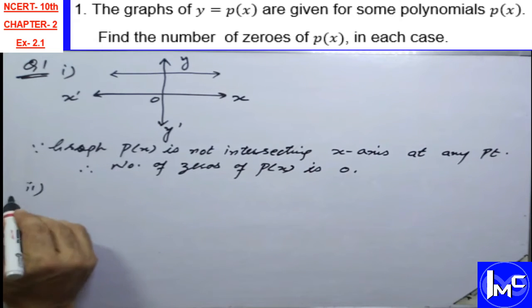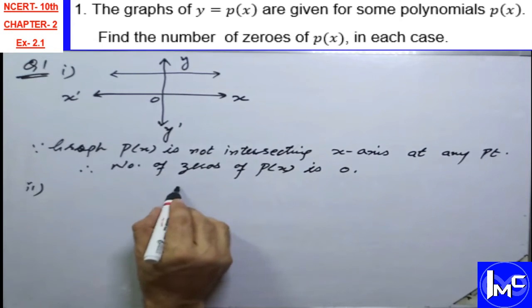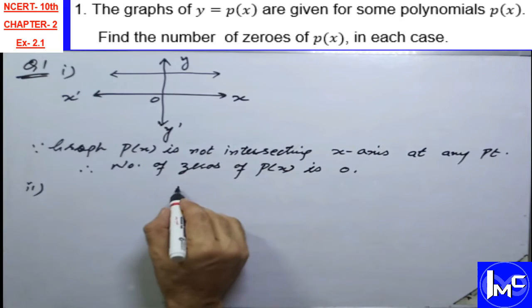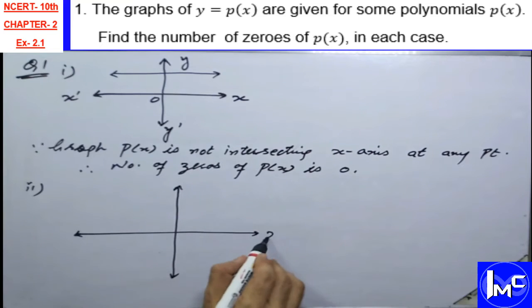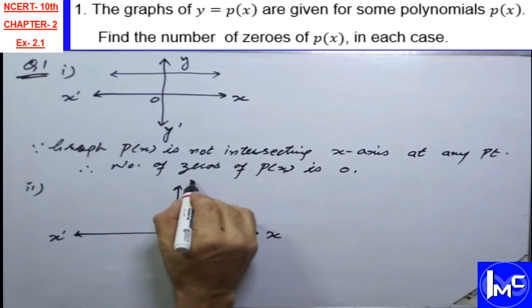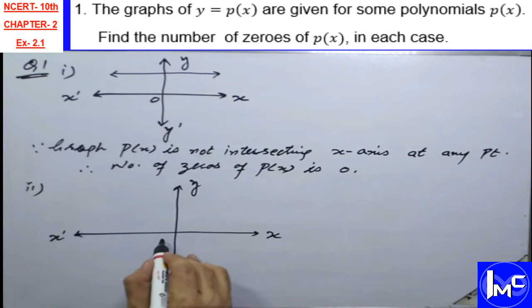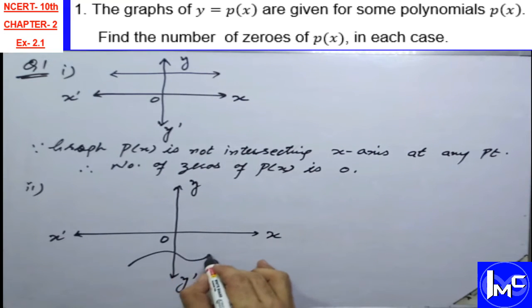Second is, X, X dash, Y, Y dash, this is the origin, and the graph is like this.